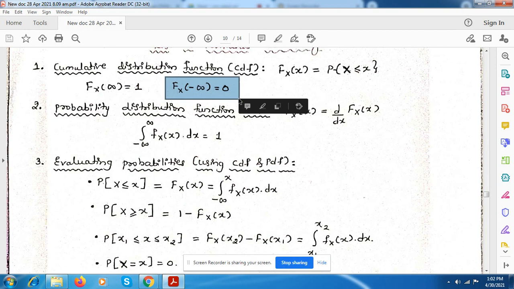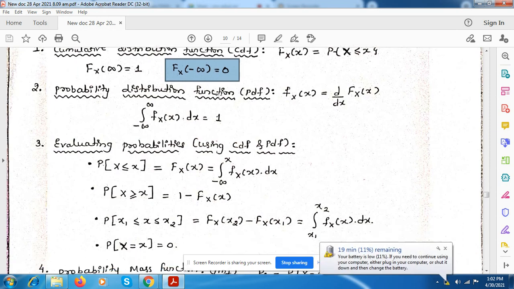And F x of minus infinity, that is the probability of X less than or equal to minus infinity. Here there are no values less than minus infinity, so the CDF value will be equal to 0.